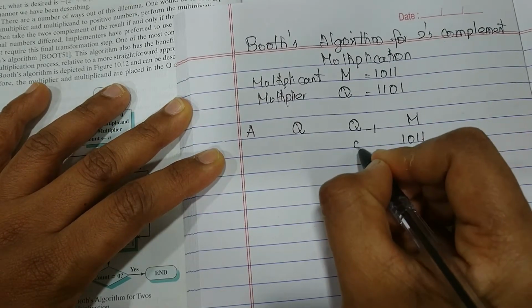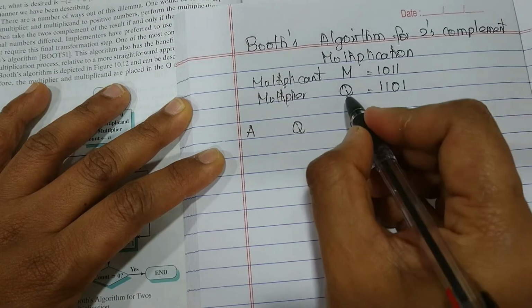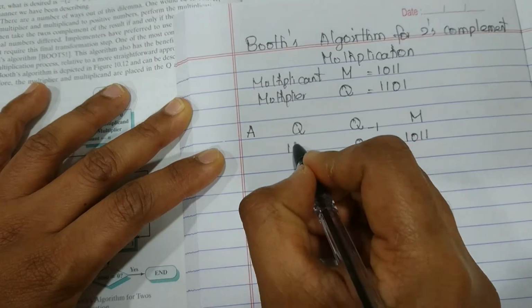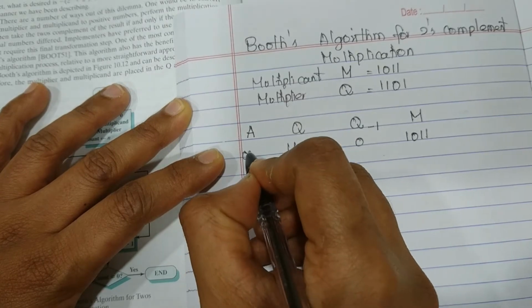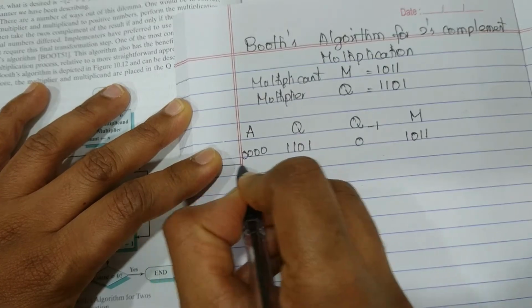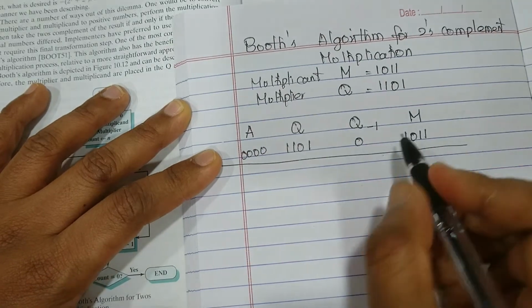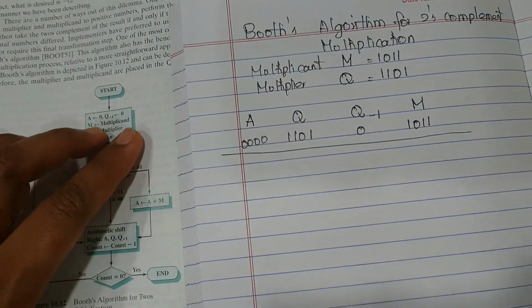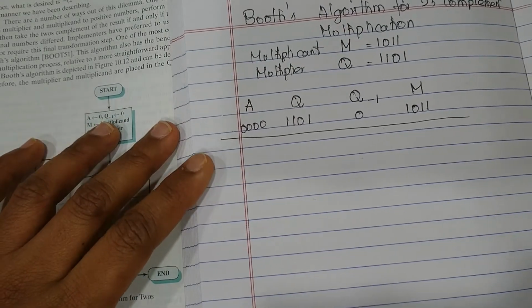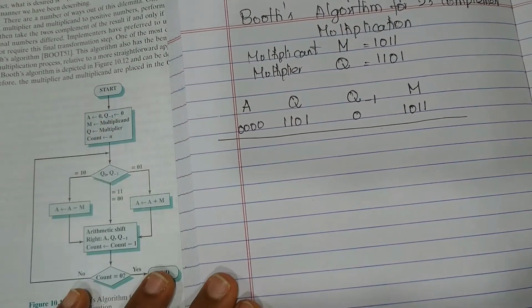Q is the multiplier 1 1 0 1. Q minus 1 is initially 0, and A is initially 0. So this is the initialization. As we have 4 bits in the multiplier, you will be doing it 4 times. Fine, so now let's move on to the first iteration.